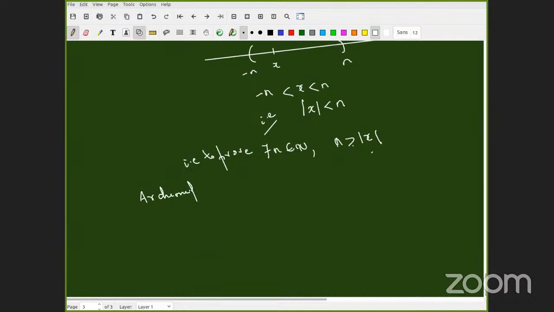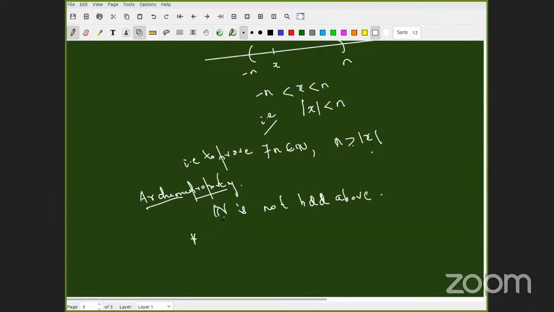Archimedean property of real numbers. What does the Archimedean property say? One way to say it: the set of natural numbers is not bounded above. This we have already seen, the bounded above definition and all. N is not bounded above. By that, what do I mean?